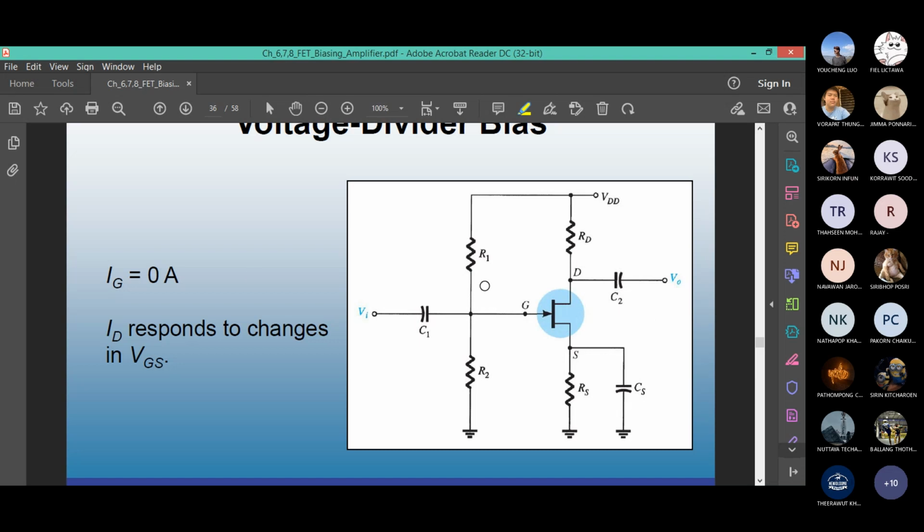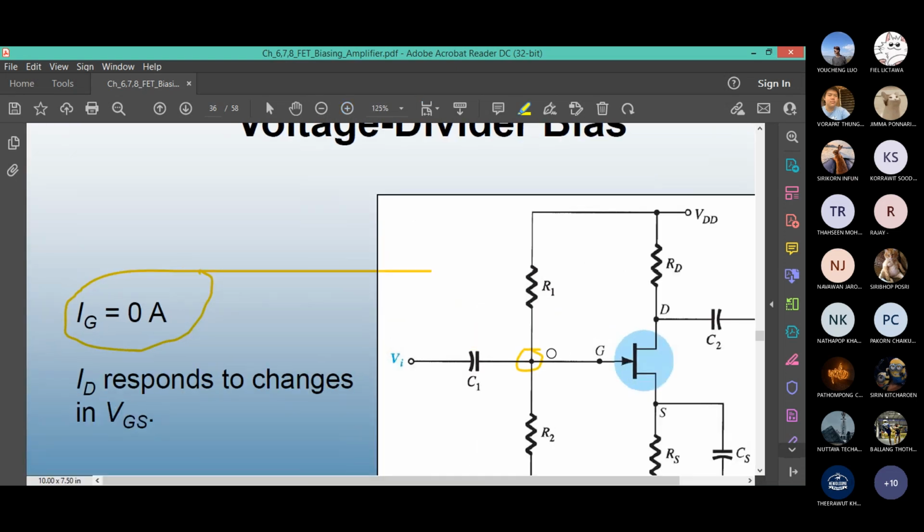We always approximate IG as 0 ampere because of the high input impedance. Can you see well when I'm drawing? Yes. So it refers to this junction. At this junction, the current coming out of the source sees a high input impedance. It is a barrier, an obstacle for the current, so the current does not go here.